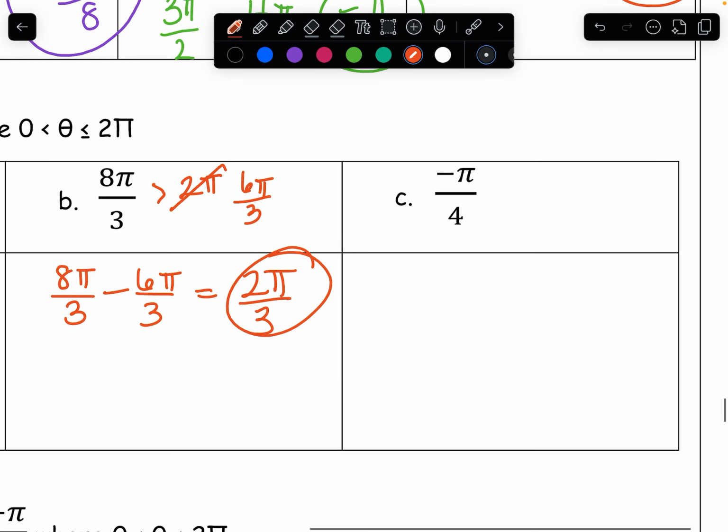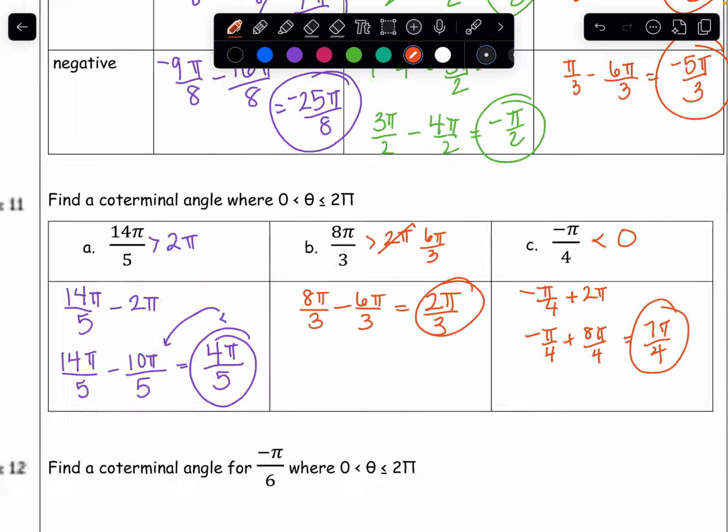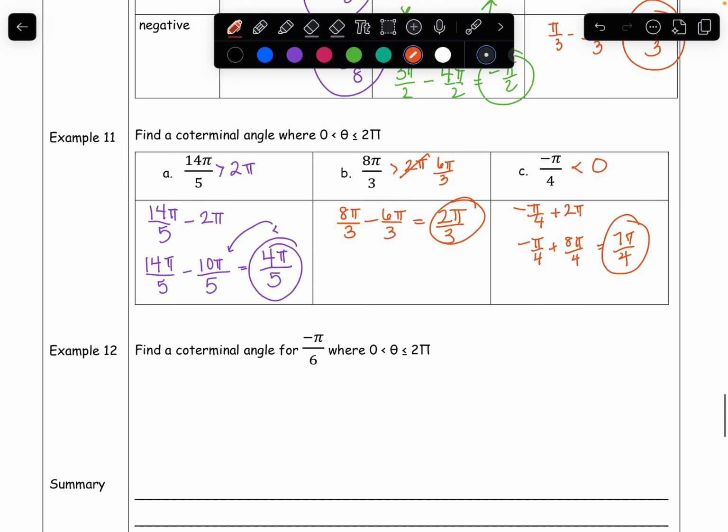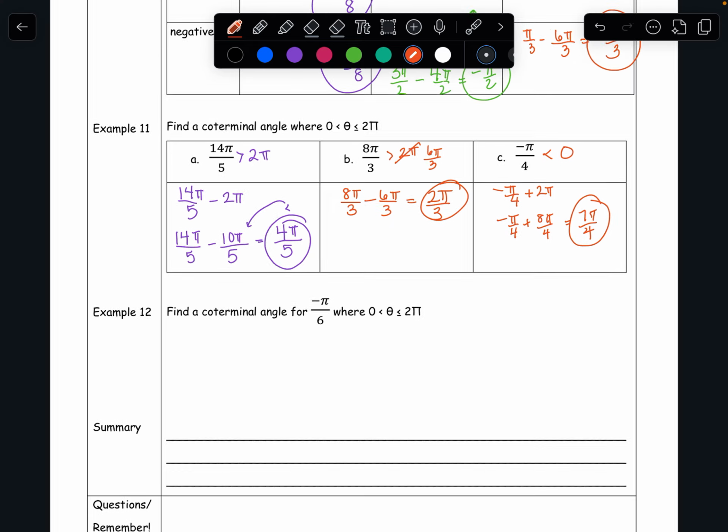And our last one, this one is actually less than 0, so that means we have to add. We have to add 2 pi, so negative pi over 4 plus 8 pi over 4 is 7 pi over 4. Okay. Now I want you to try number 12 on your own. We will go over it in class together.